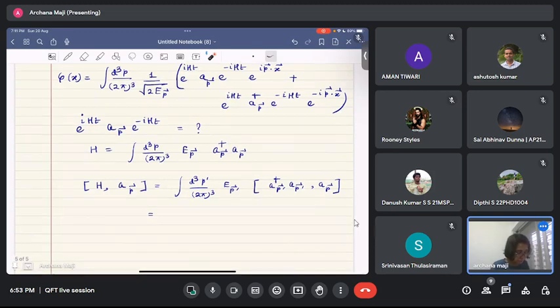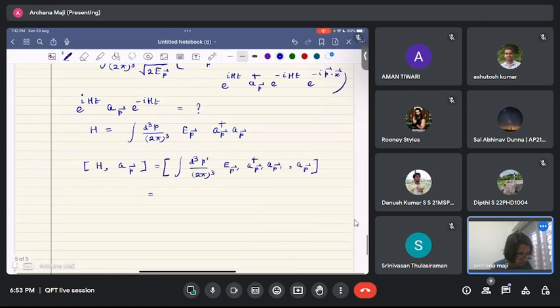In the last step, I'm not doing anything extra than writing down this Hamiltonian here, and a_p is already there. Clear? Maybe you are getting confused, so I can also write it down this way. Is this fine?